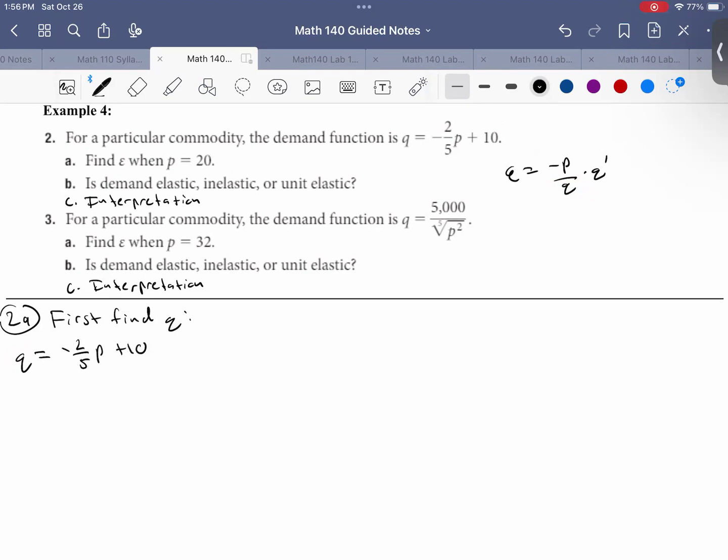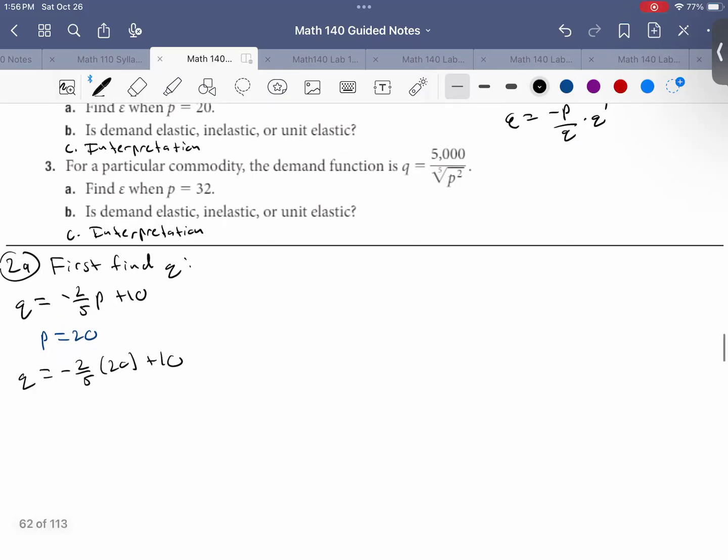And I know that P equals 20, so I'm going to just plug in 20 into here. So I'll have Q equals -2/5 times 20 plus 10.